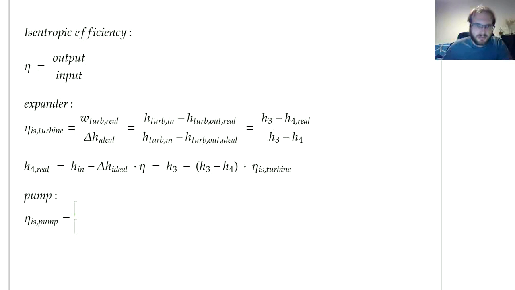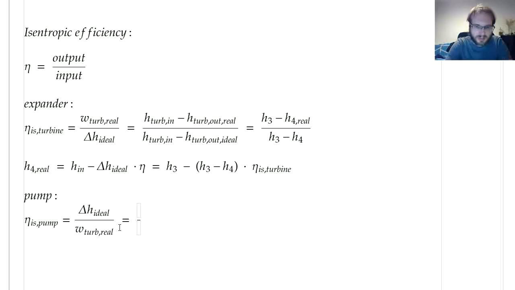The output of the pump is getting from one pressure level to another. So the output in this case will be the ideal difference in enthalpies. That's what we want to achieve. And the input of the pump is the work that is necessary to run it.